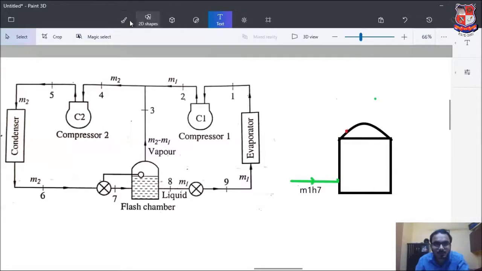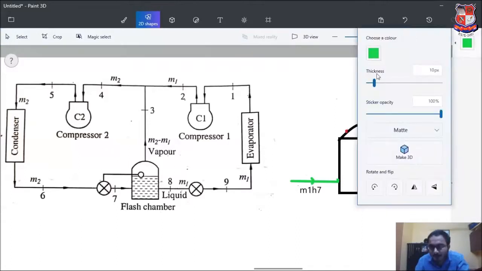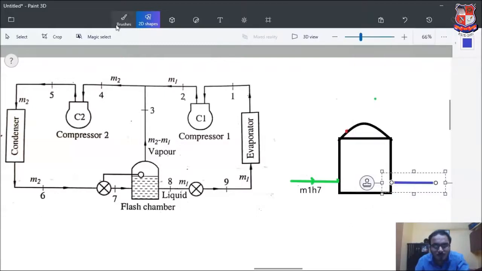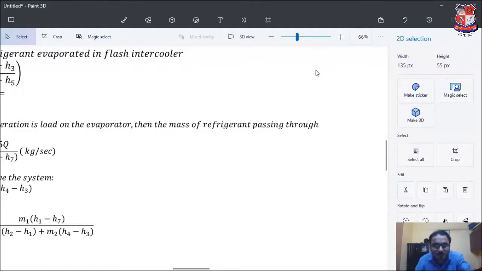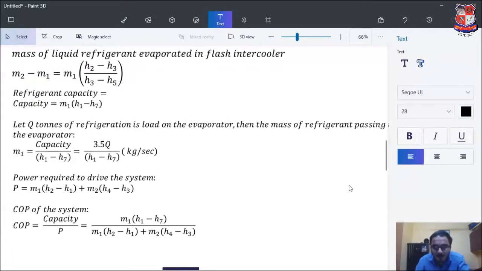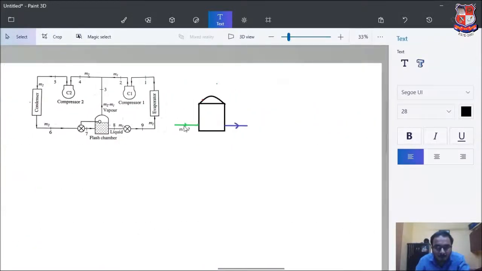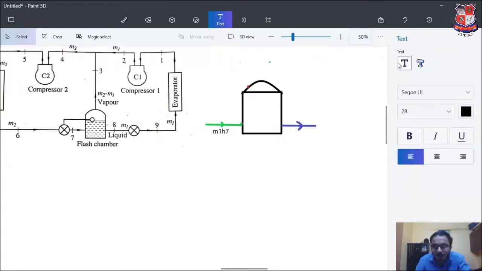So we can draw that. Here this will be the liquid which is passing, and this will be our M1H8.